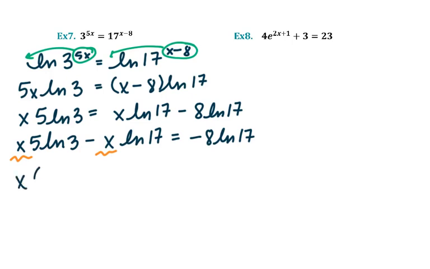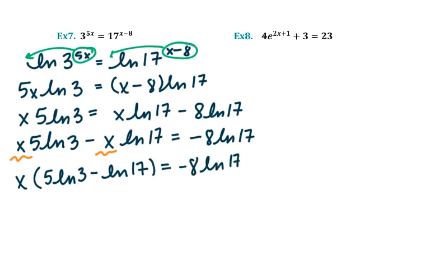So if I factor out an x, that leaves me with 5 ln 3 minus ln 17 equals negative 8 ln 17. The last thing I'll do is divide.